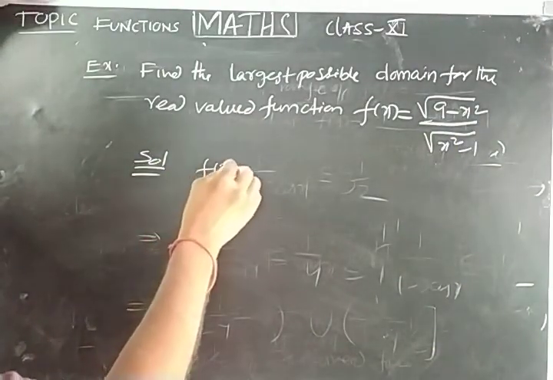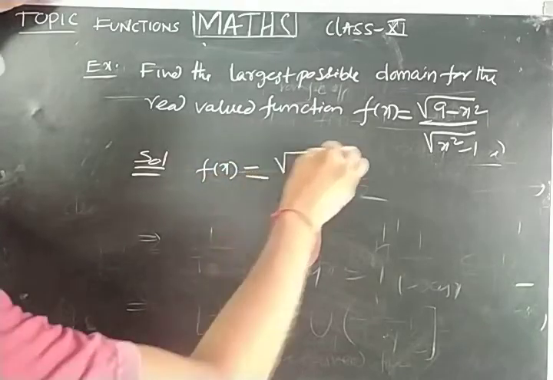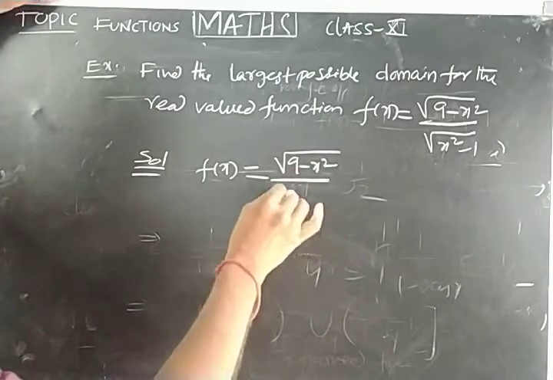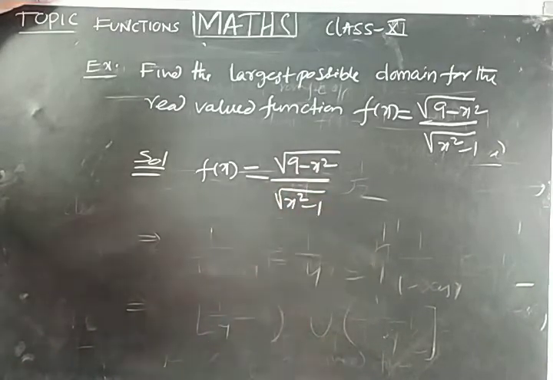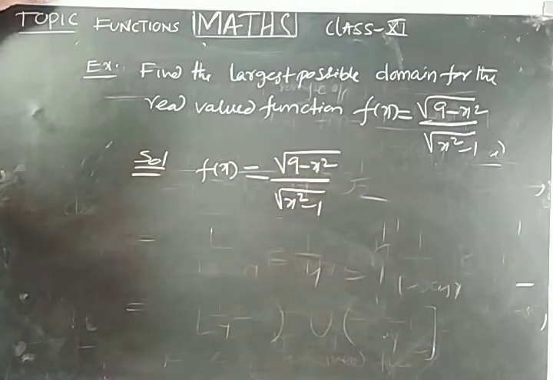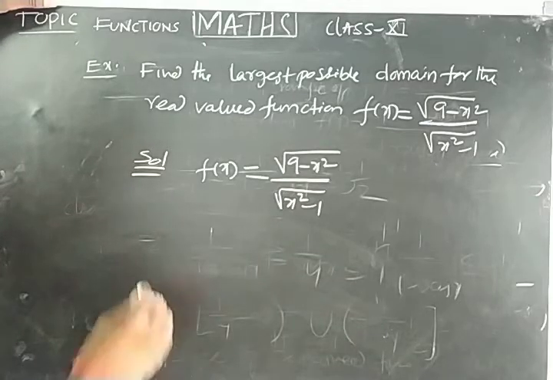F of x, we have two functions. In numerator we have one function 9 minus x square, and in denominator also we have one function x square minus 1. The numerator function is defined when the function under root, 9 minus x square, is greater than or equal to 0, right?